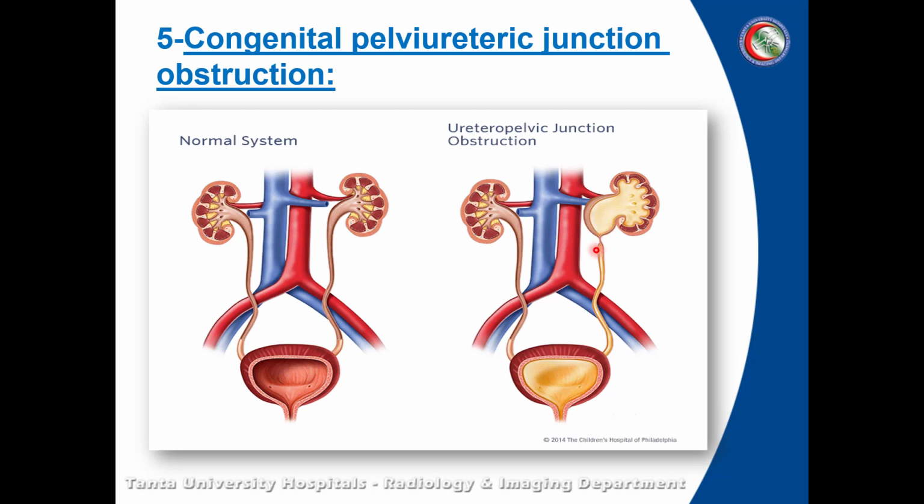This is the case of pelvic-ureteric junction obstruction with ballooning and proximal dilatation and marked hydronephrosis of the pelvic calyceal system and renal pelvis with still normal caliber of the ureter on this side. So it means that there is pelvic-ureteric junction obstruction and atrophy of the renal parenchyma.